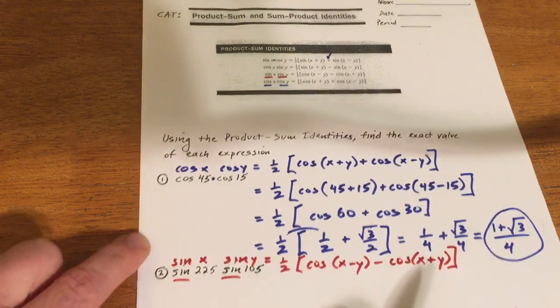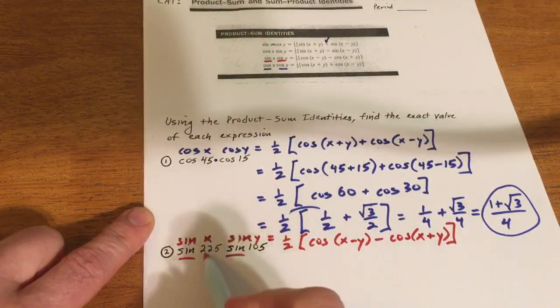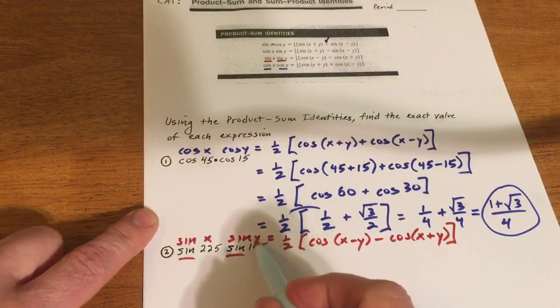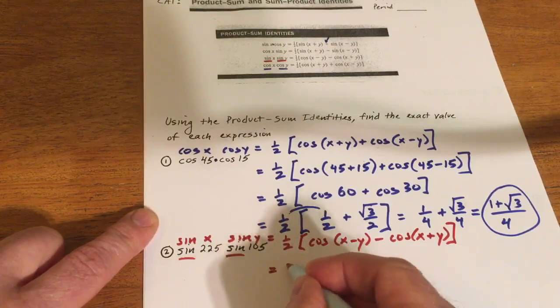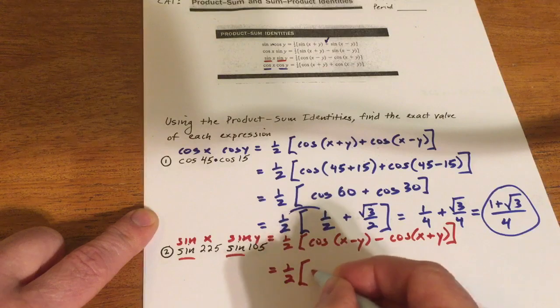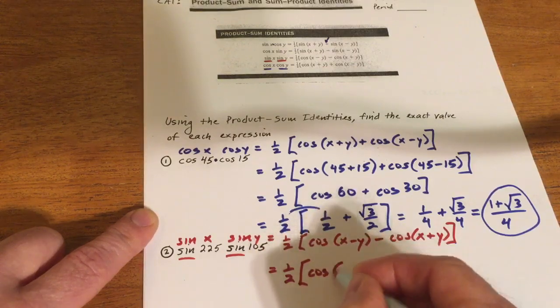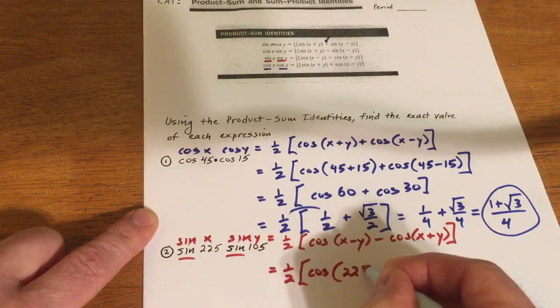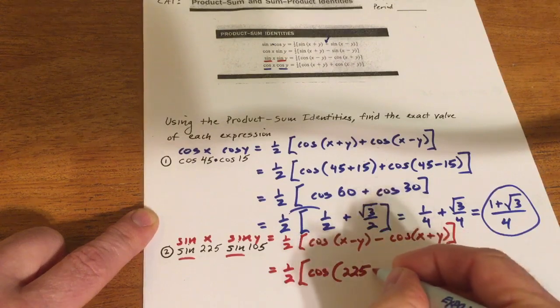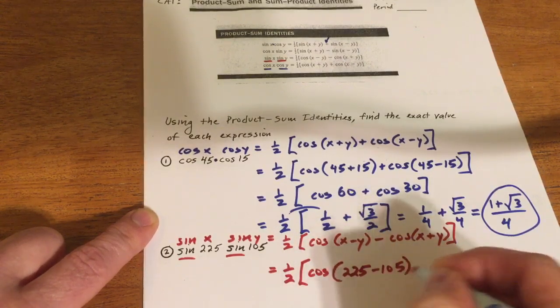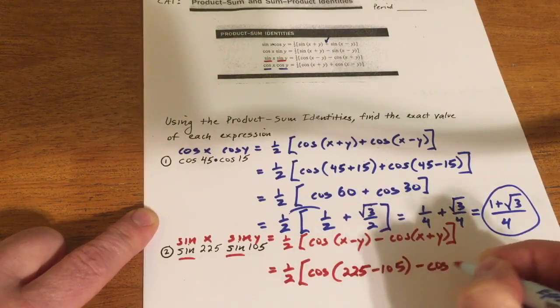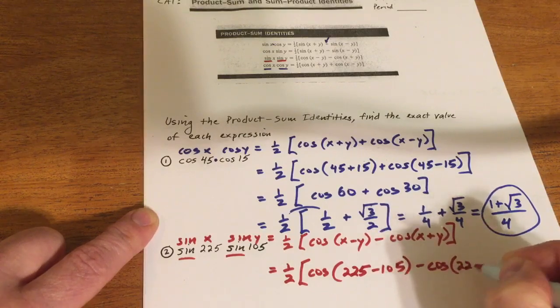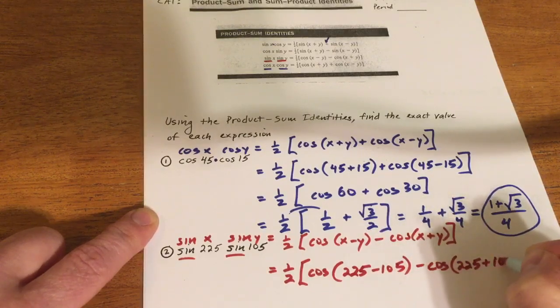All right, now plugging in our numbers here, this time x is 225 and y is going to be 105. We're going to get 1/2 cosine of 225 minus 105 minus cosine of the sum, 225 plus 105.